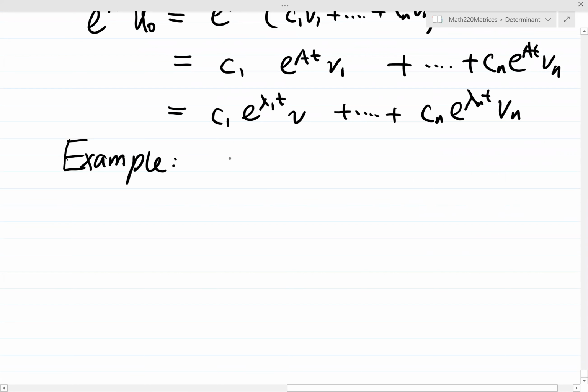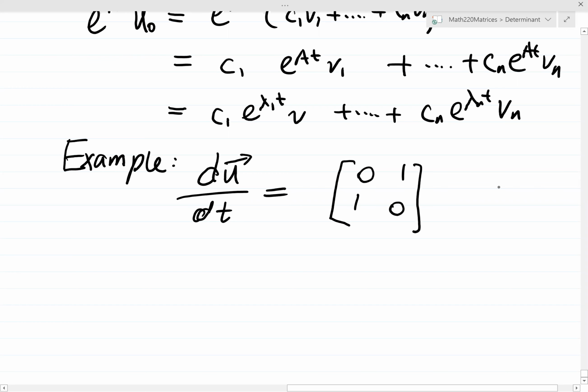Let's see this example. du over dt is Au, is this matrix 0 1 1 0 times u. Here u is xy.